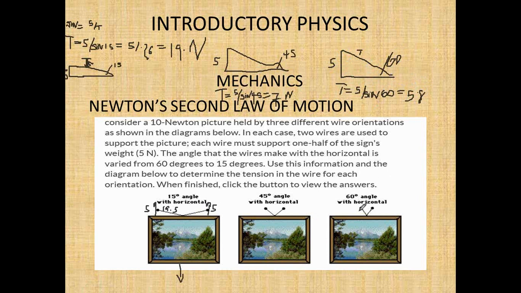If you can make the angle to the horizontal larger, the tension in the cable is going to be less. So if you have a weak cable, you don't want to be in this situation because the tension will be too much and it will burst the wire or cable. So it's best to make the angle to the horizontal larger.